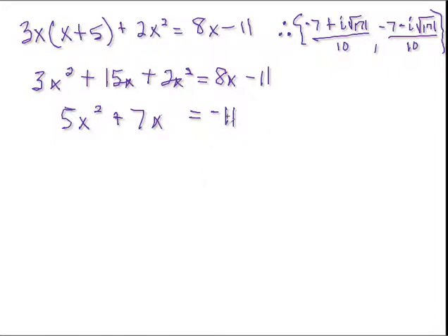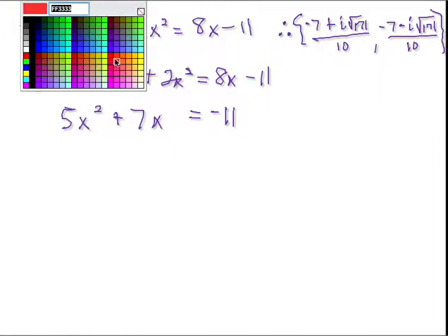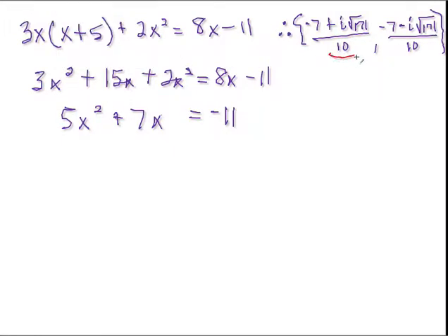Now I'm going to show that if I let x be either one of these solutions, I get the same thing on both sides of this equation. So I'm going to let x be this first solution right here. I'll let x be this one right here.